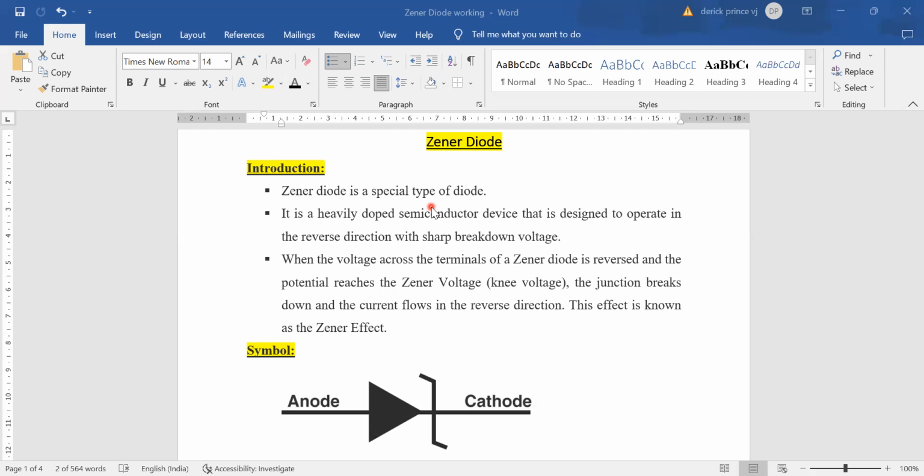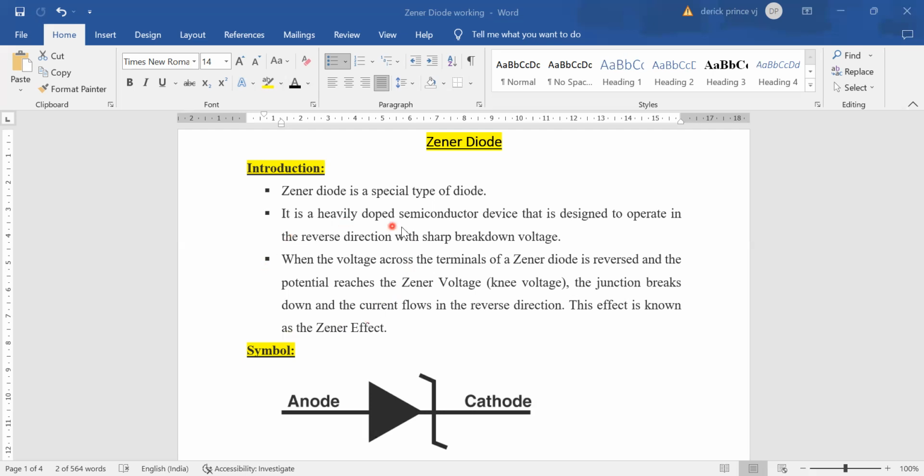But Zener can maintain constant output voltage irrespective of the input voltage. The input voltage may be fluctuating, and its load can also vary, but Zener output will always be constant. Consistently, it is going to maintain constant output voltage. That is the special characteristic of the Zener diode.